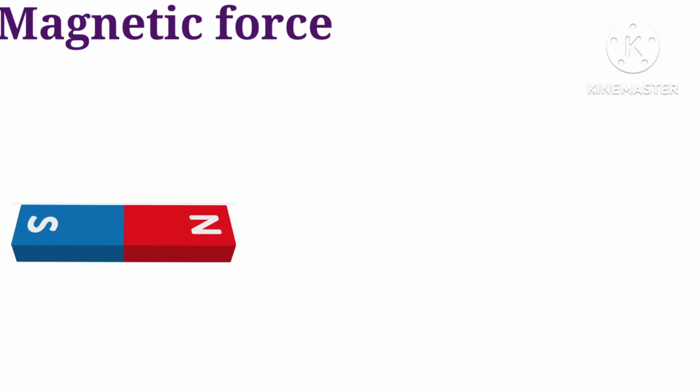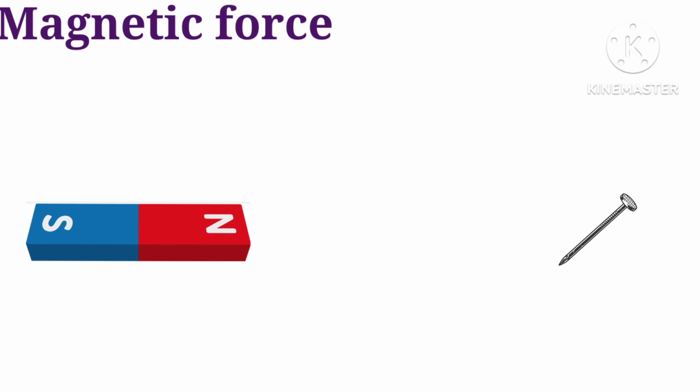To understand this magnetic force, keep a magnet on a table. We all must know what actually the magnet is. Now, after keeping the magnet, take a magnetic material just like an iron nail and place it a little bit far away from the magnet on that same surface or table. Now start moving the magnet closer towards that iron nail.